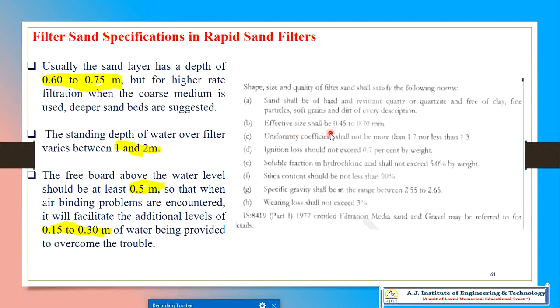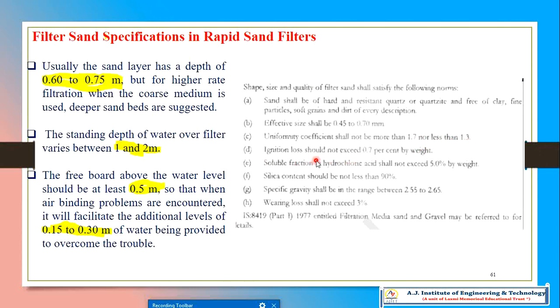Effective size shall be 0.45 to 0.7 mm. Uniformity coefficient shall not be more than 1.7 nor less than 1.3. That is, the UC value should not be more than 1.7, which means it is not well graded, or not properly graded, or not less than 1.3.